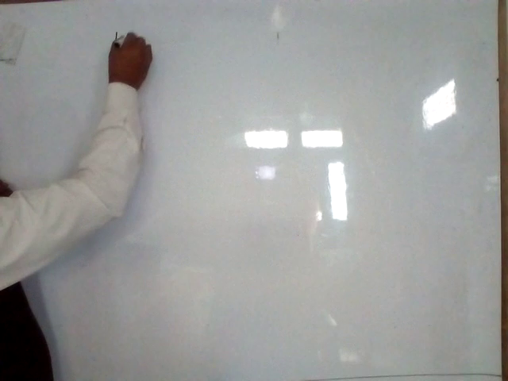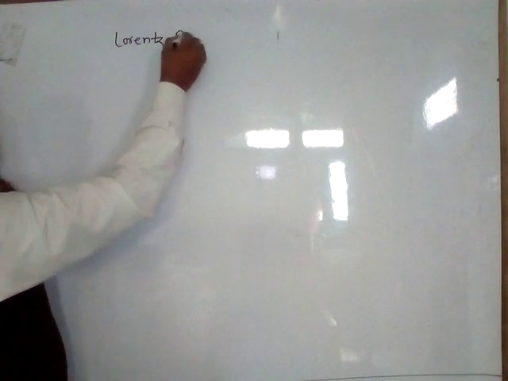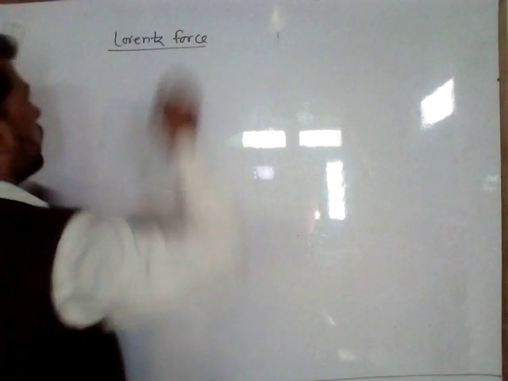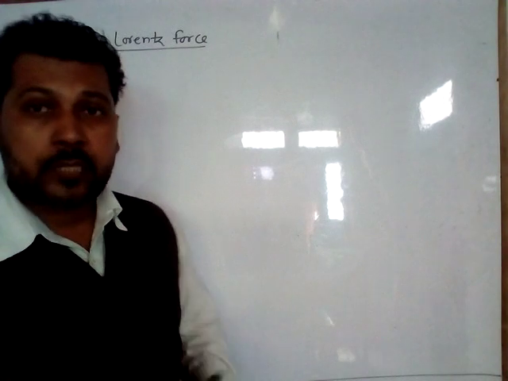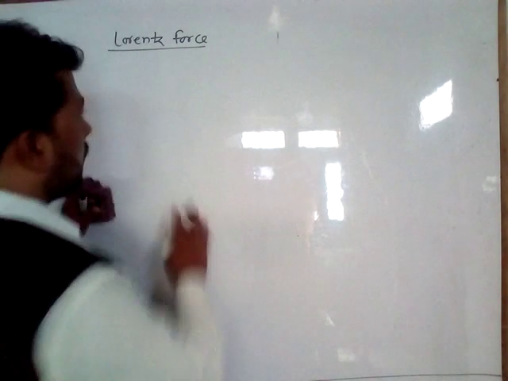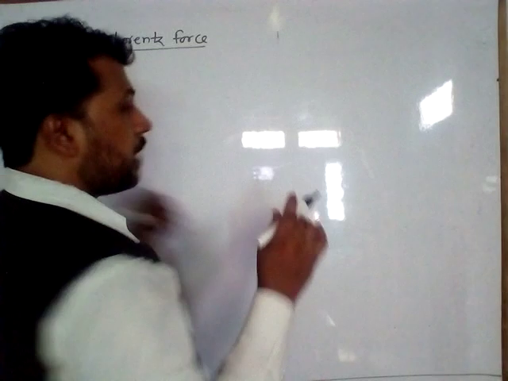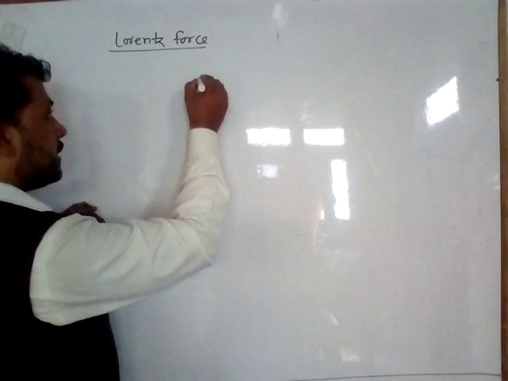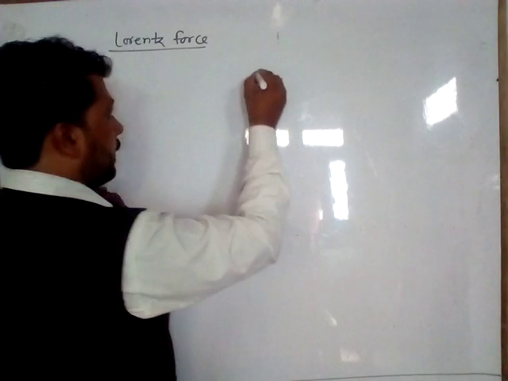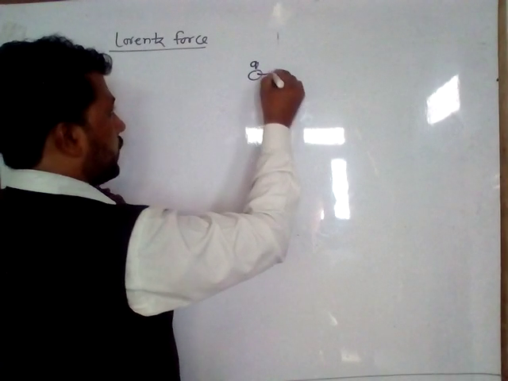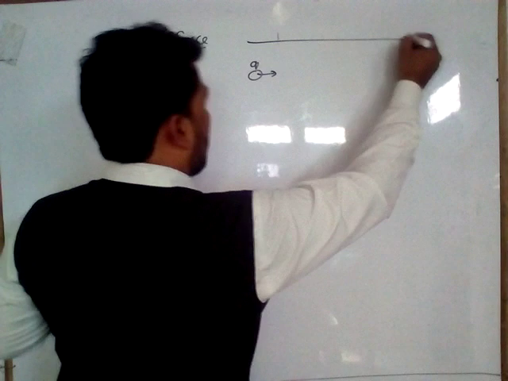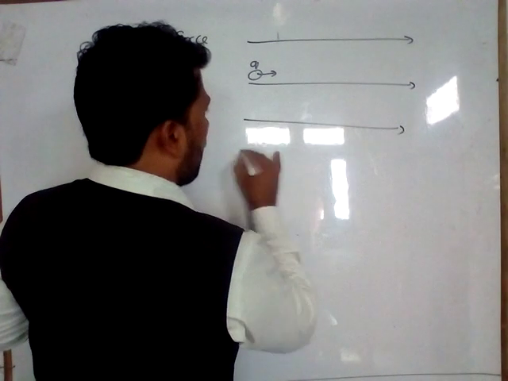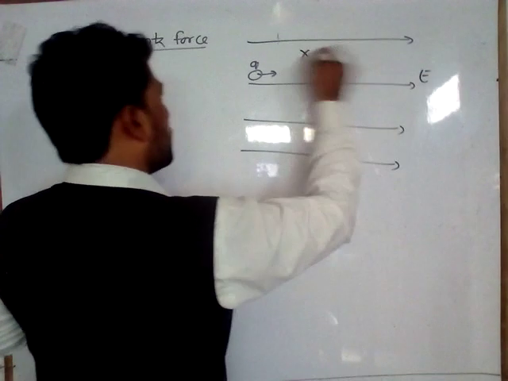So here now let me discuss the Lorentz force. According to Lorentz, whenever any charged particle is moving in a uniform magnetic field, then there will also be an electric field available. So this is a charged particle which is moving in this uniform magnetic field, and here also a uniform electric field is available.